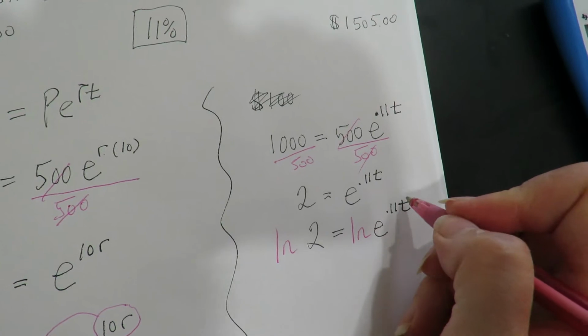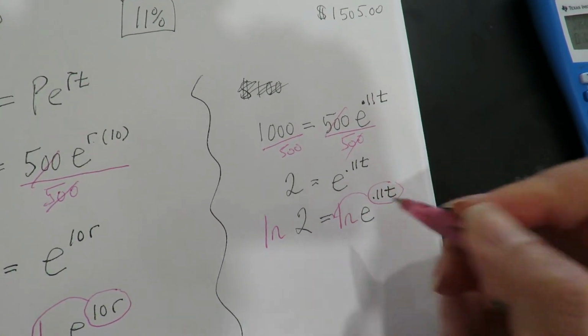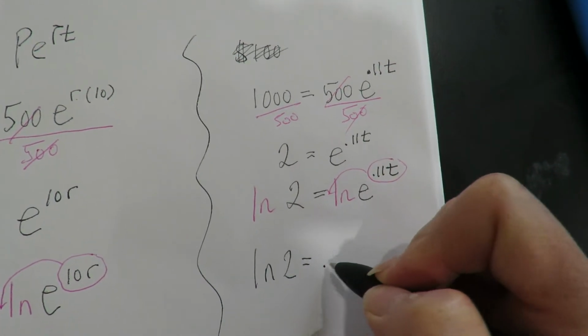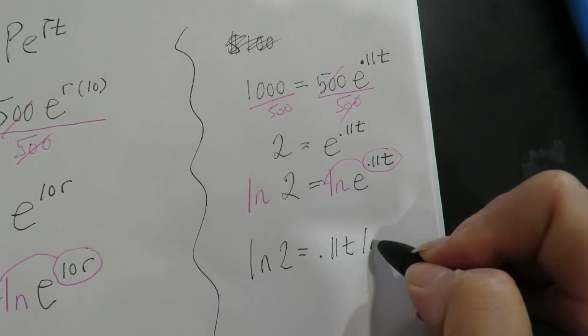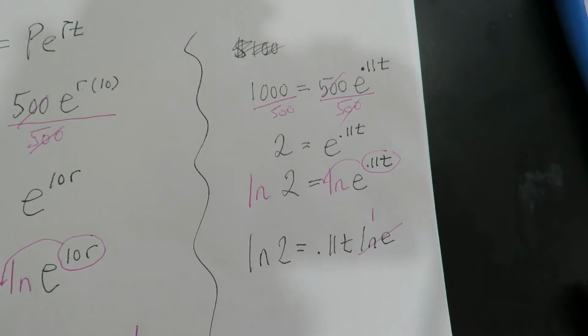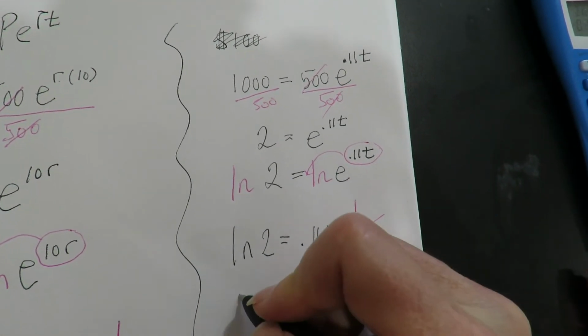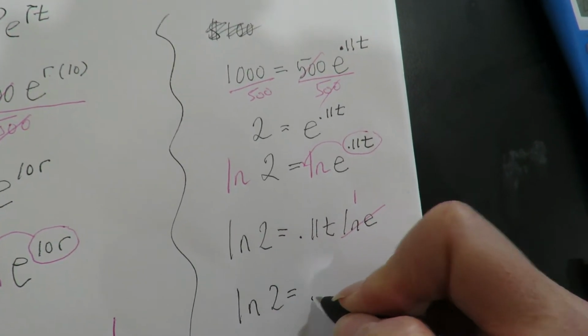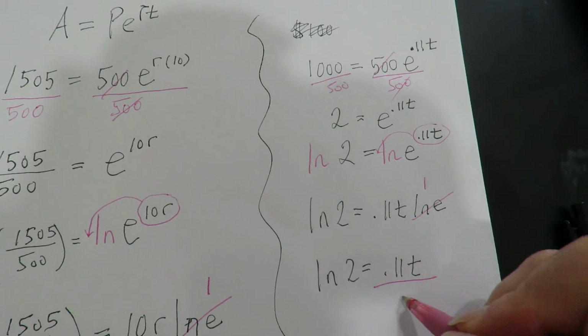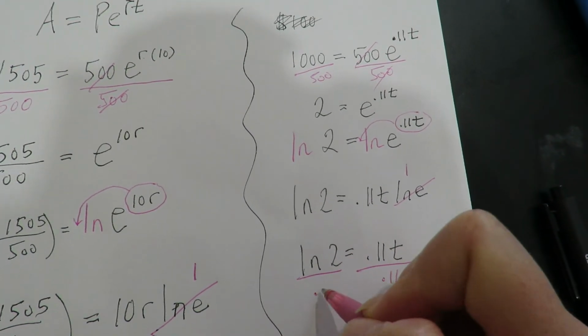That again allows us to bring the exponent down in front. ln of e is equal to 1. Okay, you're almost there now. You're just going to divide off the 0.11.